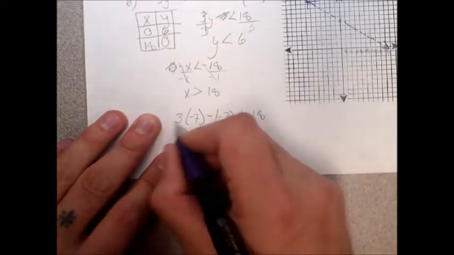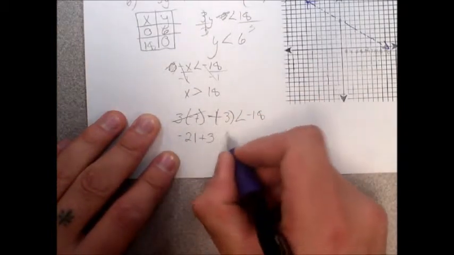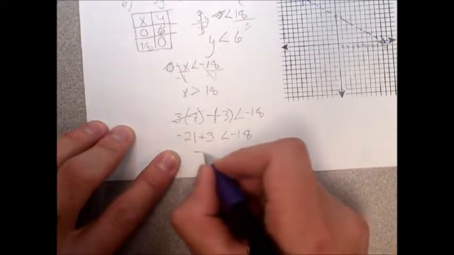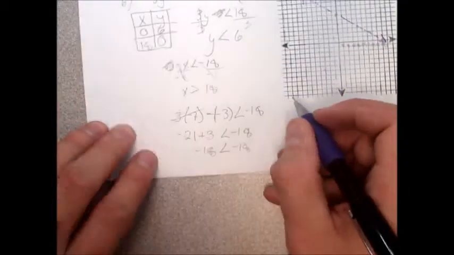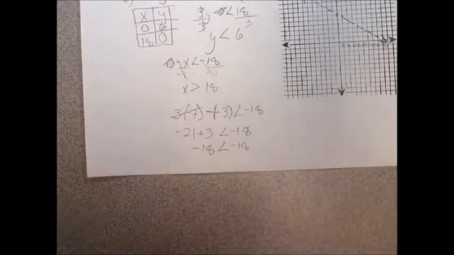Start running that. I get negative 21, and I get plus 3, less than negative 18. Negative 21 plus 3 is negative 18. Is negative 18 less than negative 18? No. So I'm going to shade away. Okay? Always shade away.